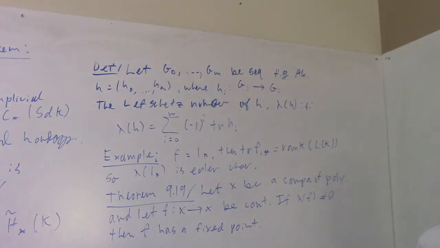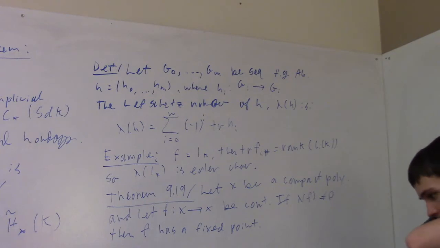I was thinking in terms of the earlier Euler characteristic. If that's analogous to the Lefschetz number, then the Euler characteristic of the sphere is 2. Right, it's not 0, and from this perspective that's why we got those fixed point theorems for the sphere. Right. And so this is all generalizing that.